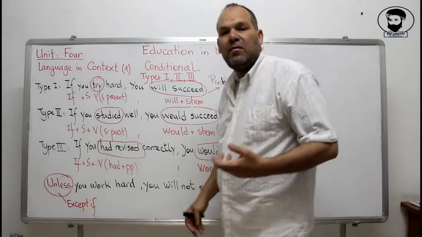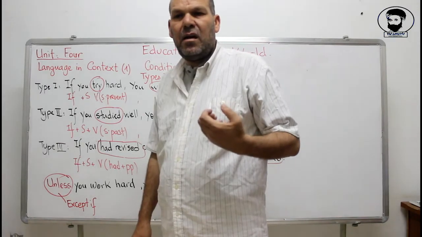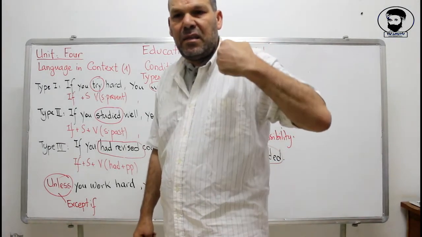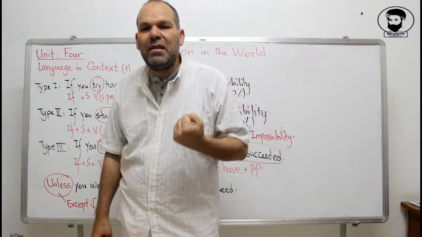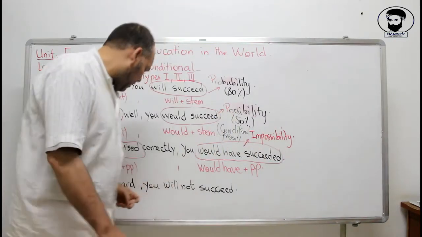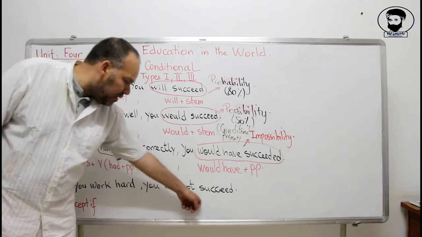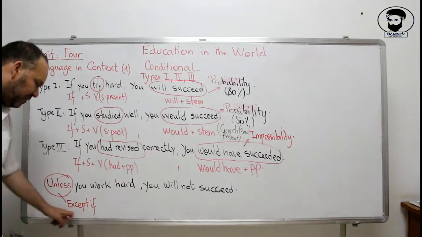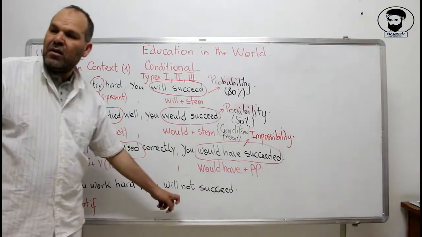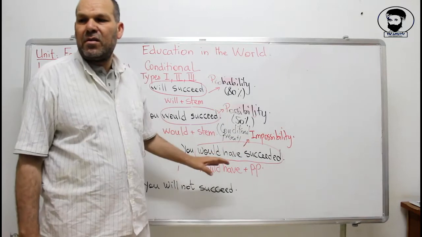But most of the time we use unless in type 1 to express the meaning of exception, except if something is done. So unless you work hard, you will not succeed, or except if you work hard, you will never succeed. So this is concerning the theoretical part.